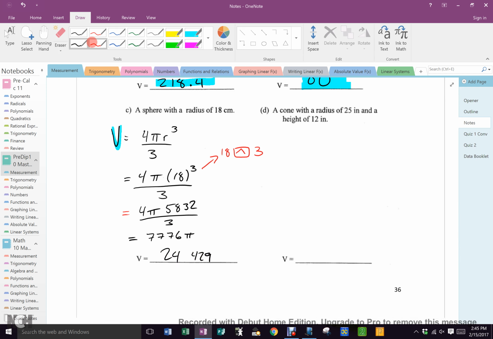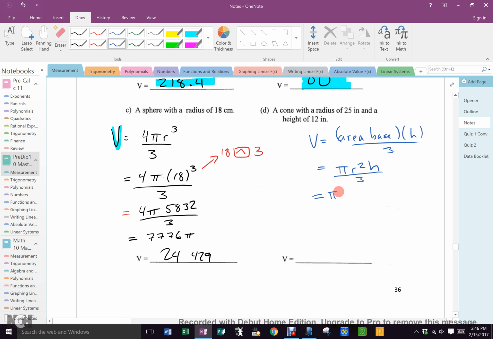A cone, volume of a cone is area of the base times the height divided by 3. The base of a cone is a circle, so it's pi r squared for a circle times the height divided by 3.